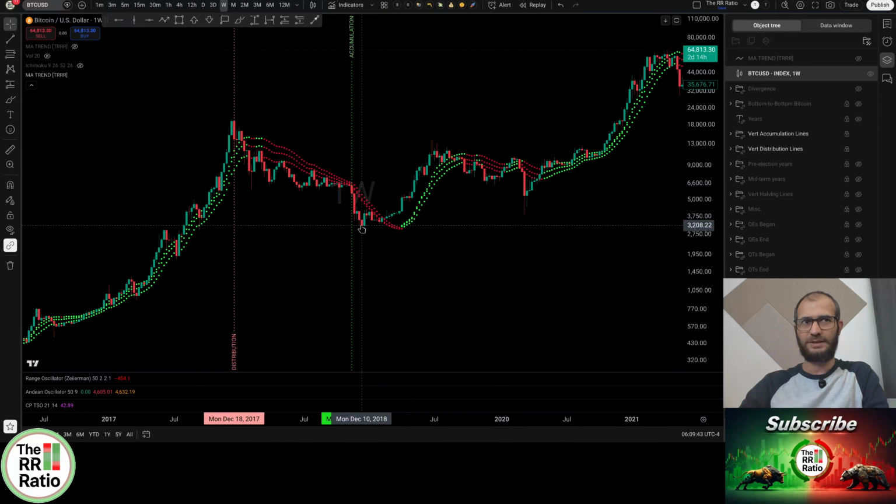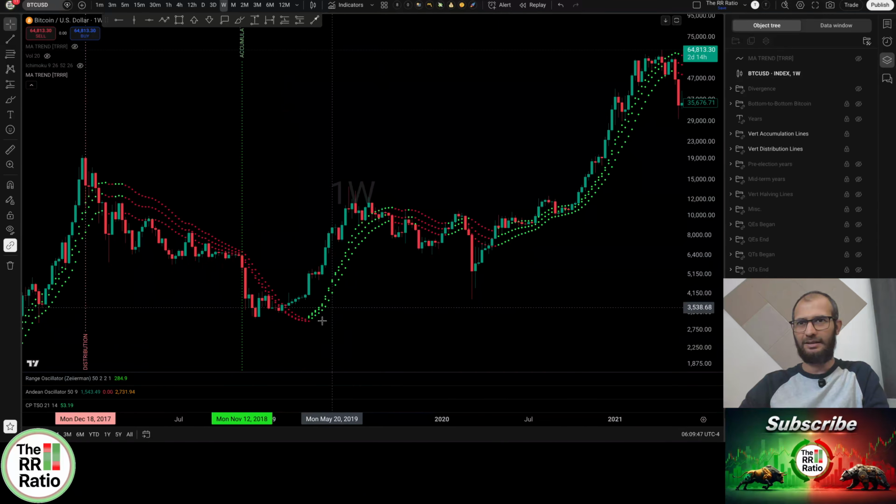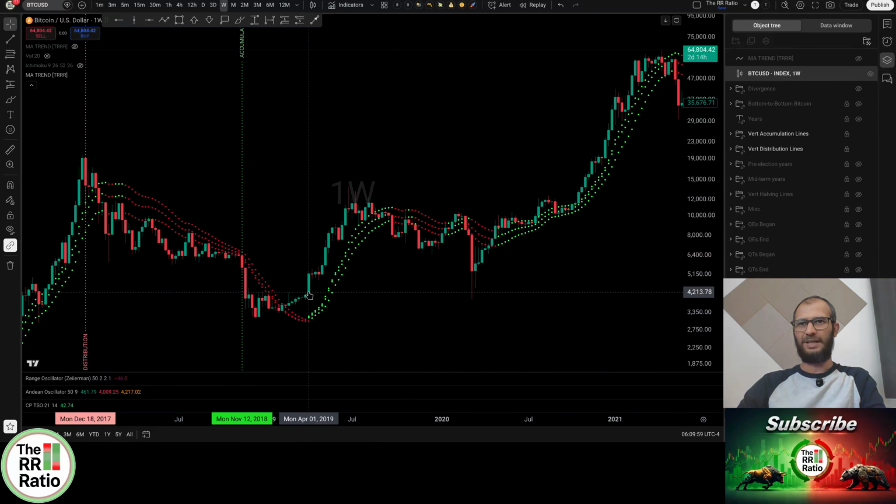Here, the bottom was on December 10th, and the TEMAs showed the first green on this particular candle, which was after a few months. So you would have missed the bottom, but at least that would be a pretty strong confirmation that the bottom has already passed us, and we are now in the next bull market.